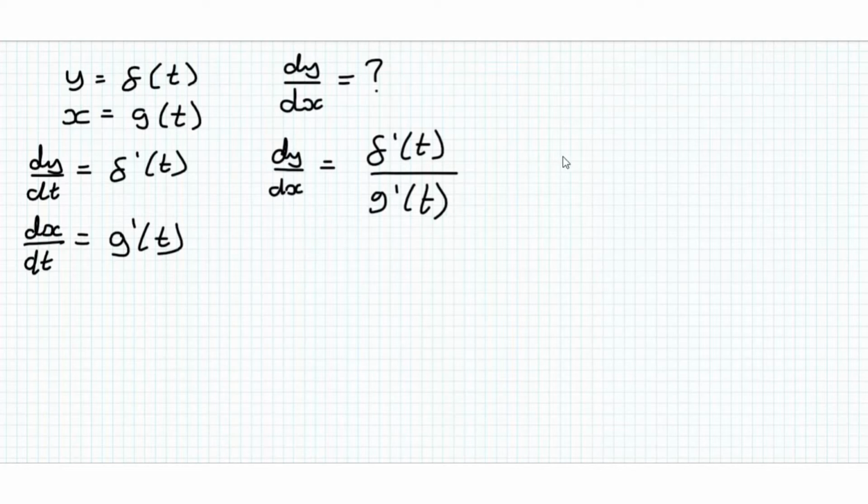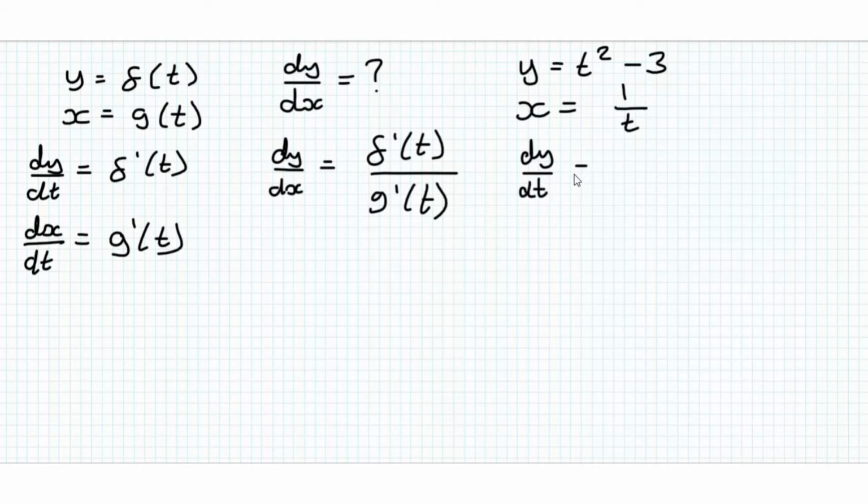Now we'll look at some functions. If we have y is equal to t squared minus 3 and x is equal to 1 over t, then differentiating y with respect to t, dy by dt is equal to 2t.